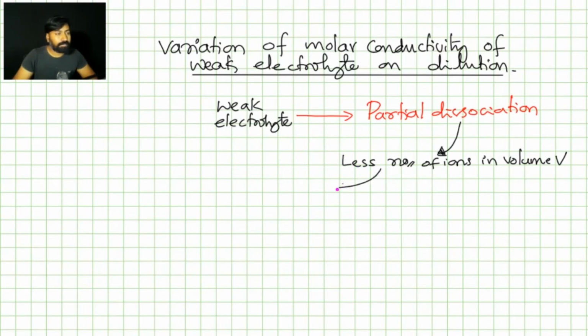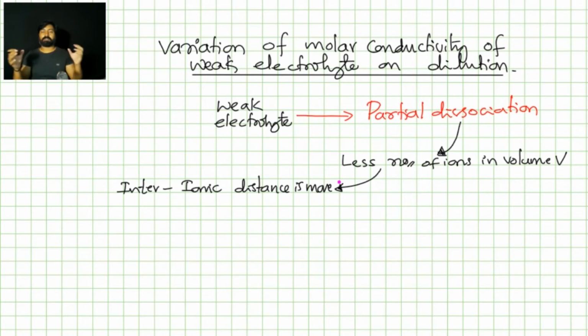Less number of ions in a certain volume V means that the interionic distance is more, because all the ions are separated with a large gap, as only a few ions are there.